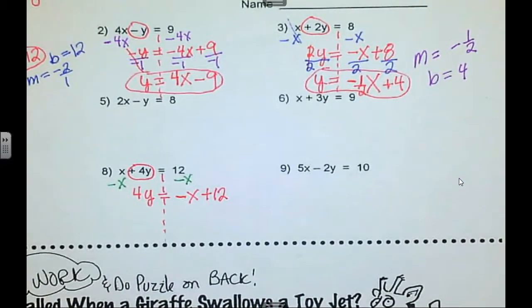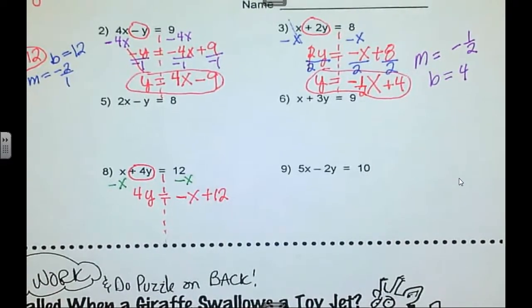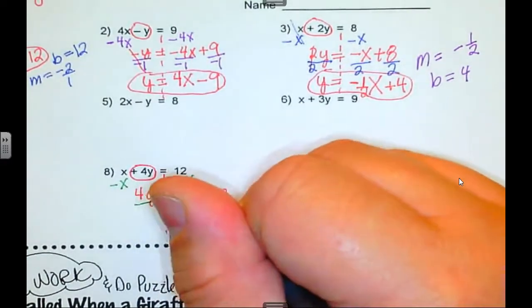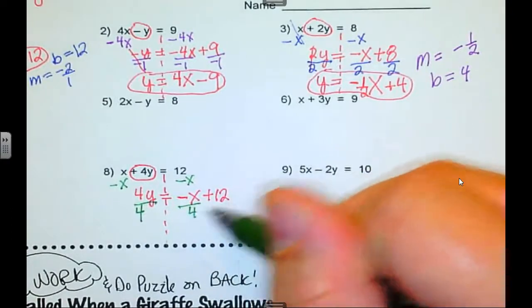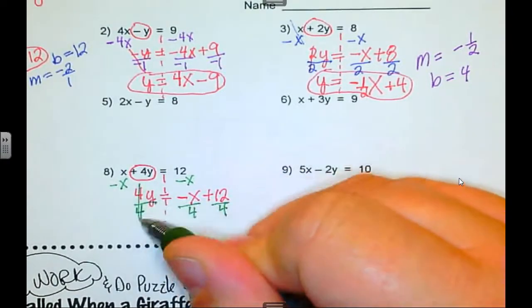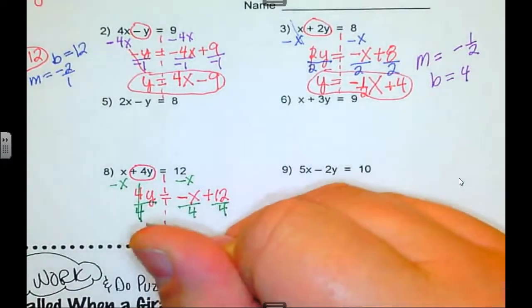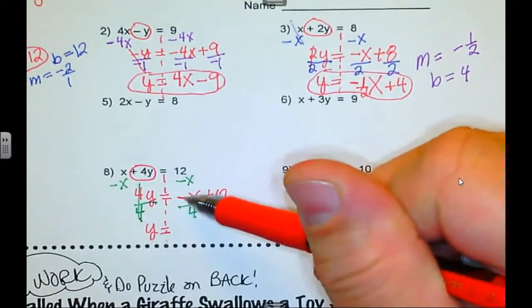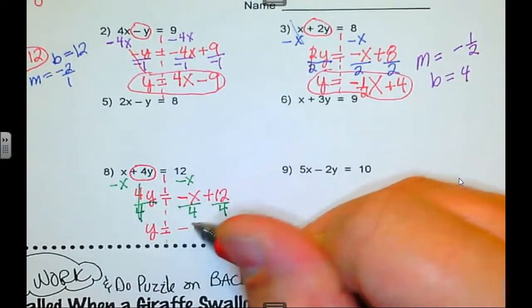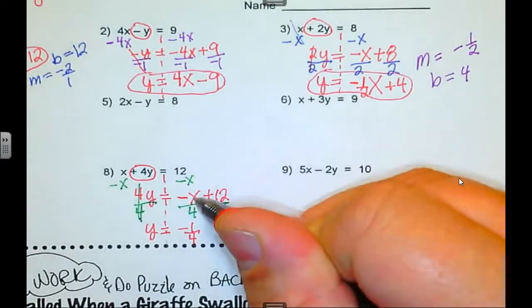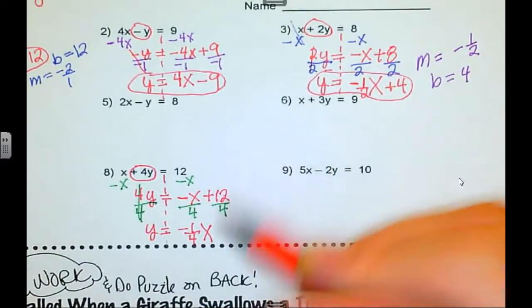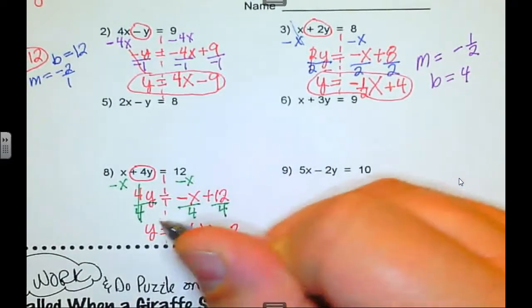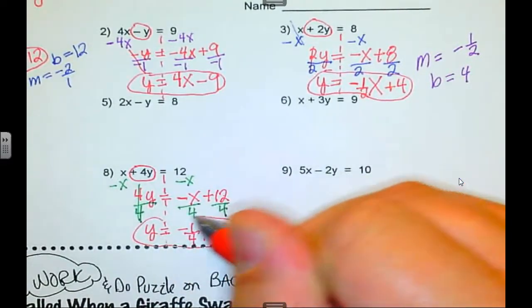Then I'm going to divide every term by 4. So y equals -1 over 4, the x comes out. Positive 12 divided by positive 4 is positive 3. There's my answer.